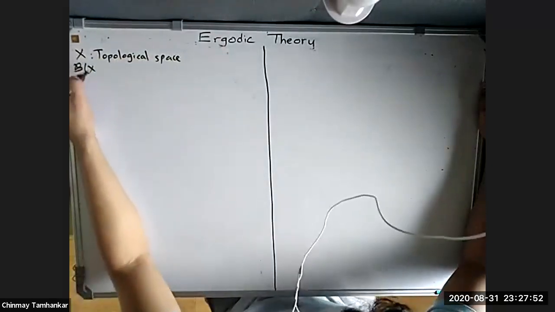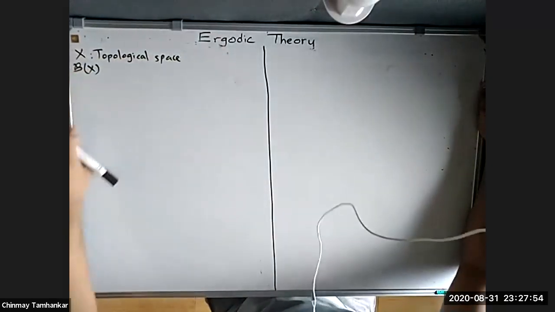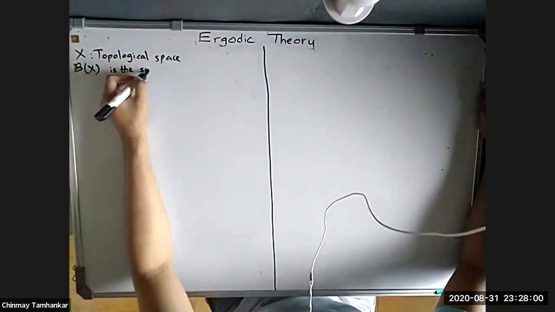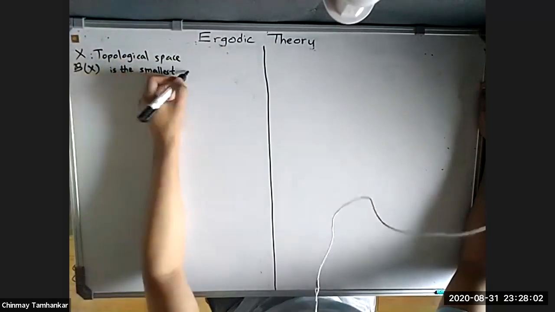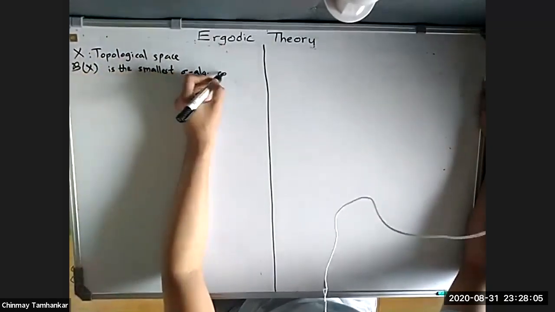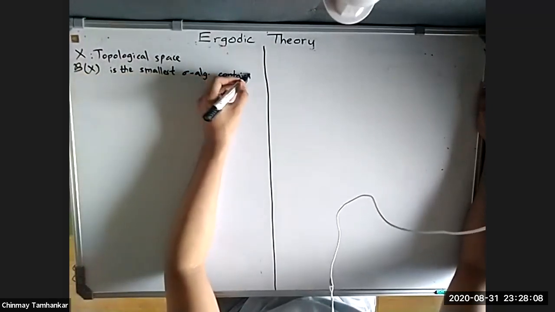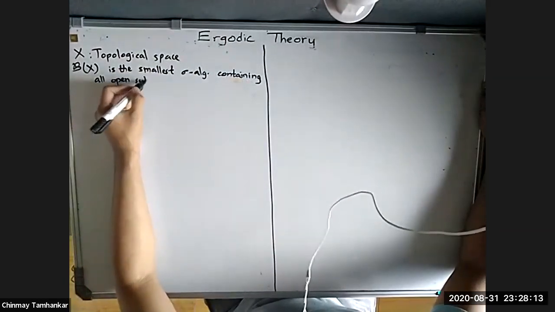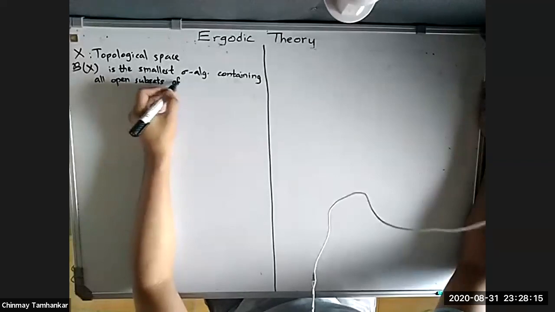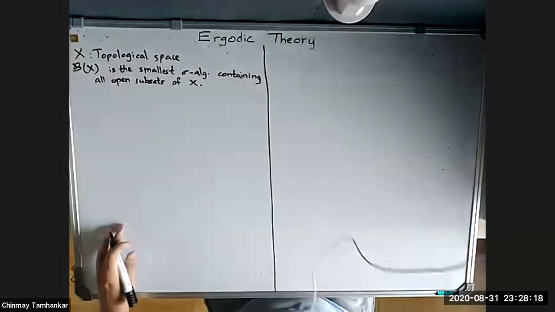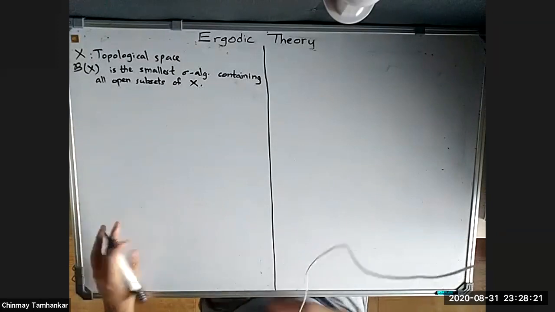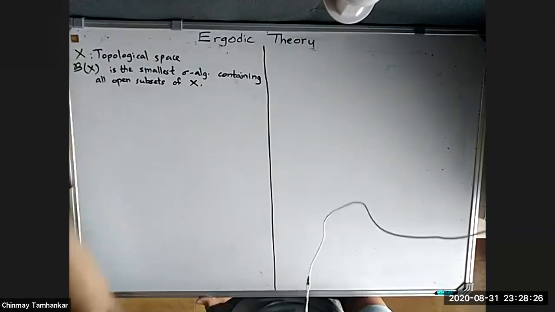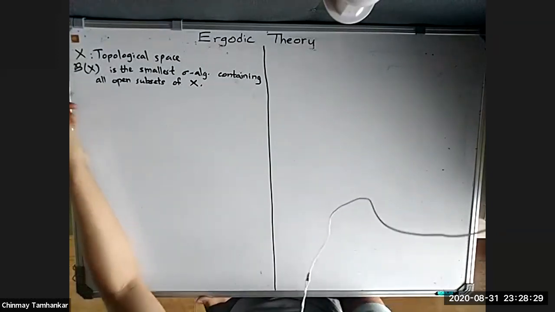I'll recall that B of X, which is the Borel sigma algebra on X, is the smallest sigma algebra containing open subsets of X. So this is the Borel sigma algebra.